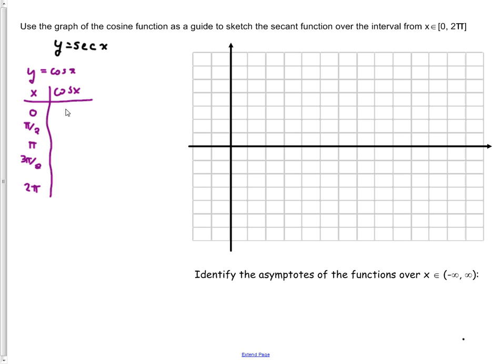At 0, the cosine of x goes to 1. At pi over 2, we go to 0. At pi, we go to negative 1. At 3 pi over 2, we go back to 0. And at 2 pi, we go back to 1.